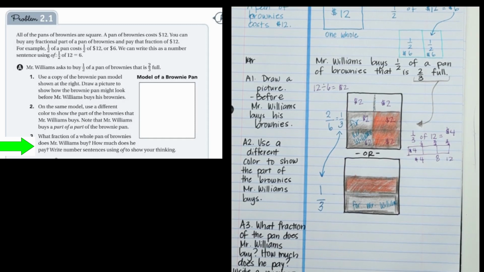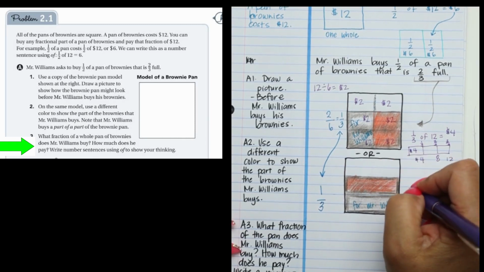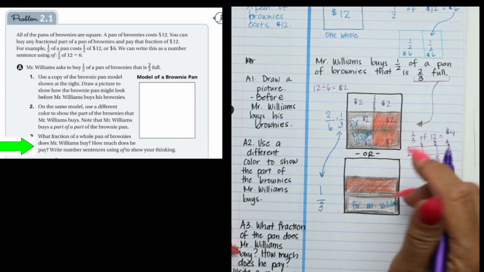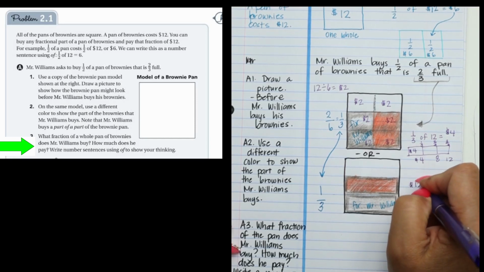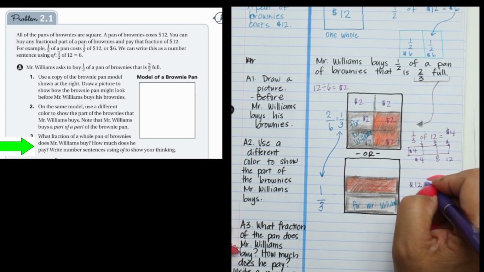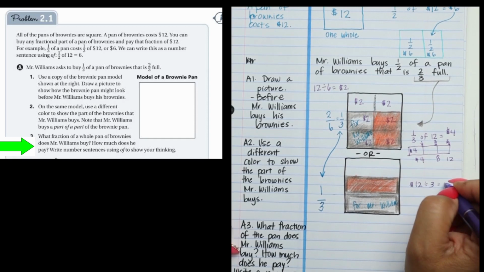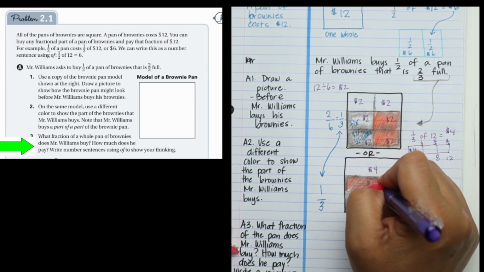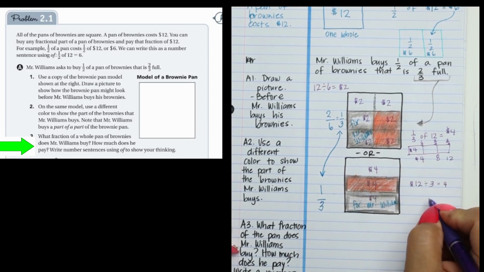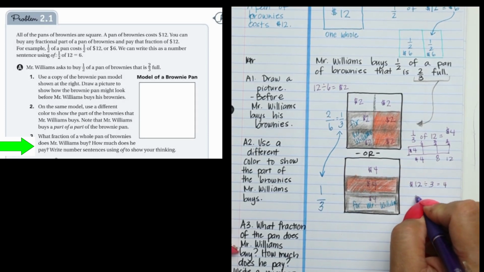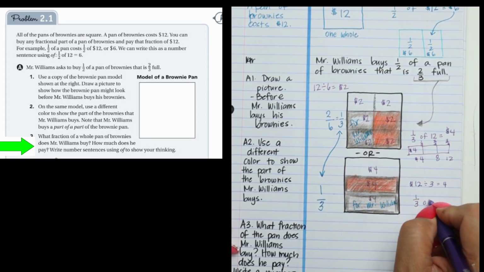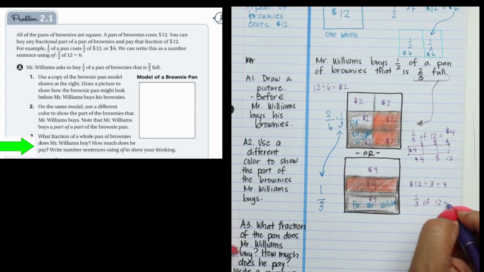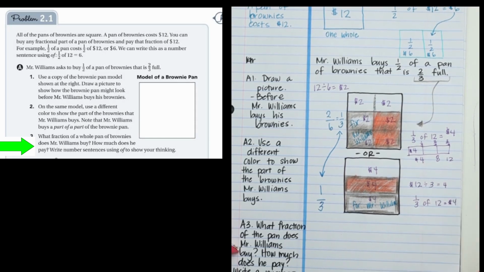So $4. We can also say that if there are 3 slices, $12, and divide it into 3 slices, you get $4. Or you can say 1/3 of 12 equals $4.